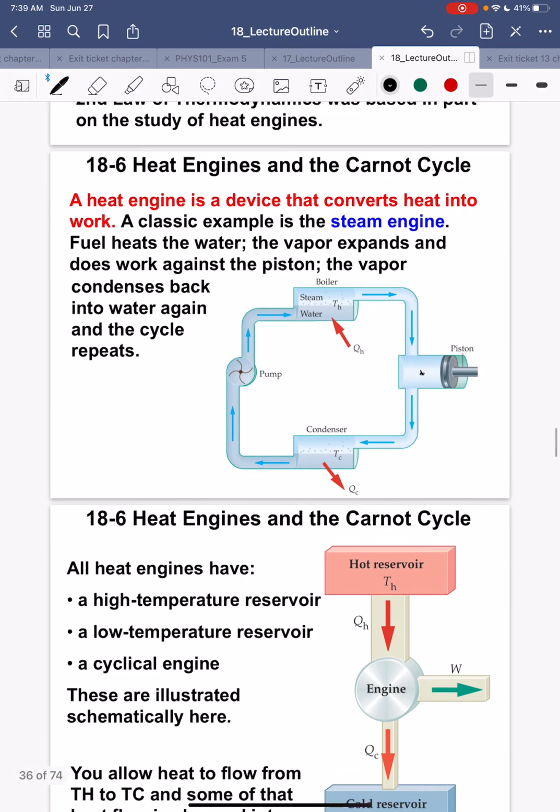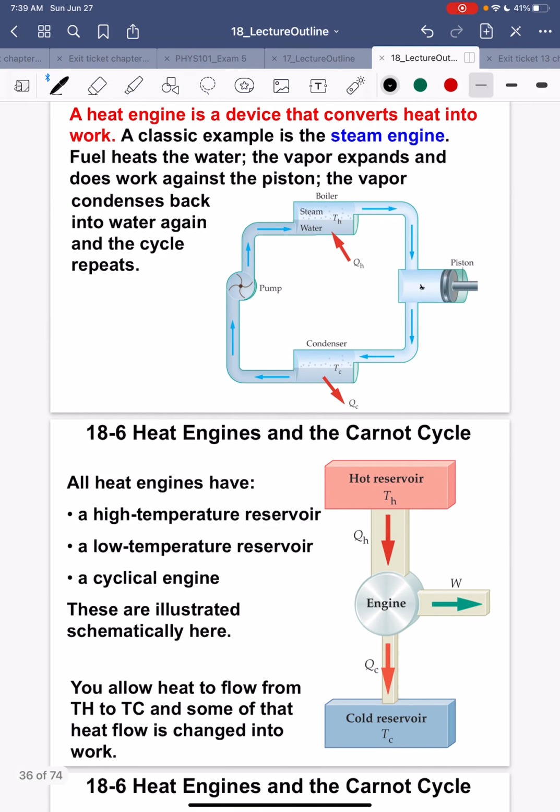Now, in all heat engines, we have a high temperature reservoir, which is the one that is making things warm. And we have a cold temperature reservoir where the heat is going to be expelled.